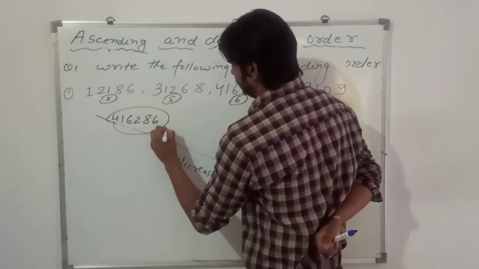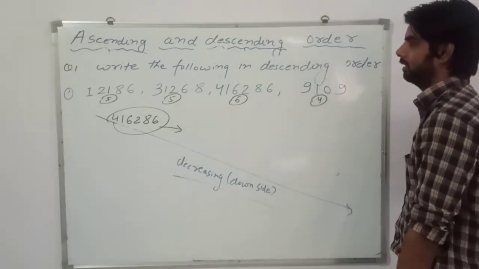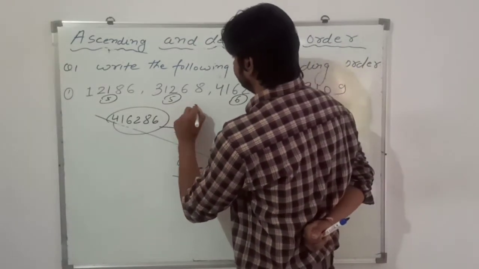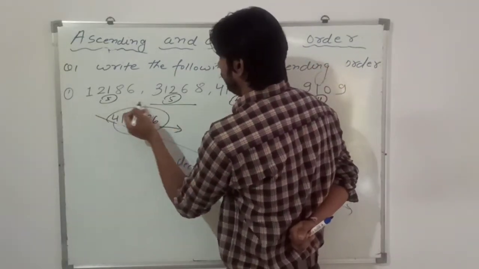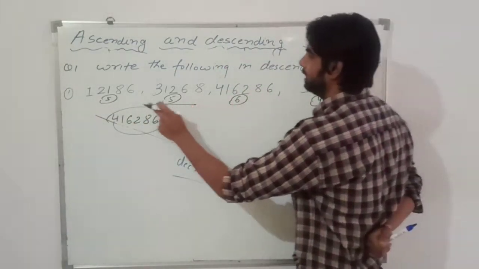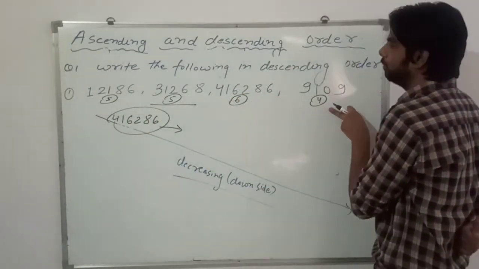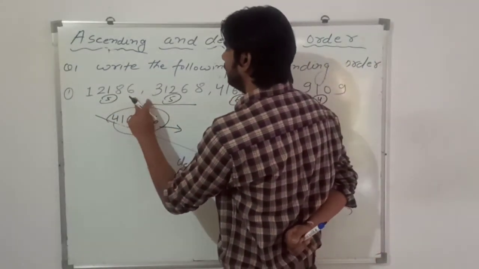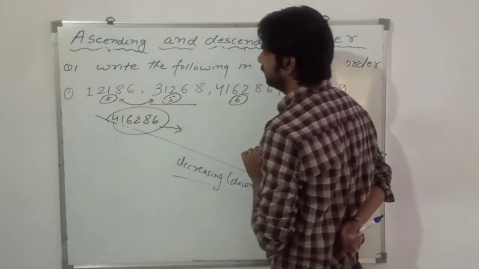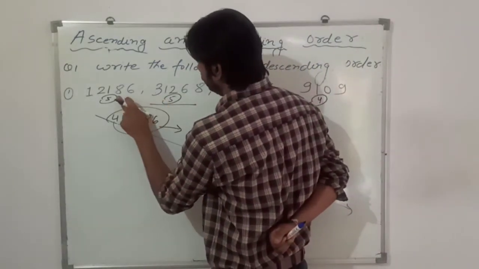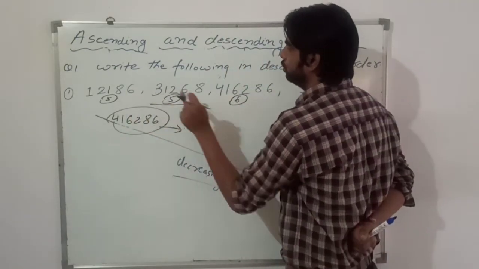Next, which number will be the largest among the rest? We know one is of 5 digits, another is also of 5 digits, and one is of 4 digits. So the number will be this one or this one. Which will be the larger between these two?